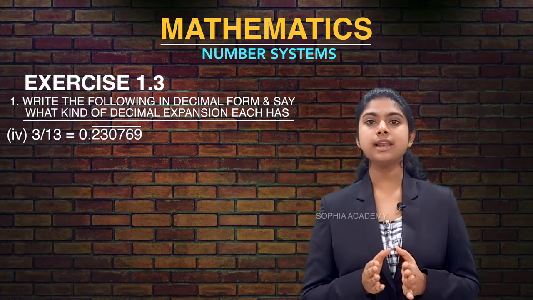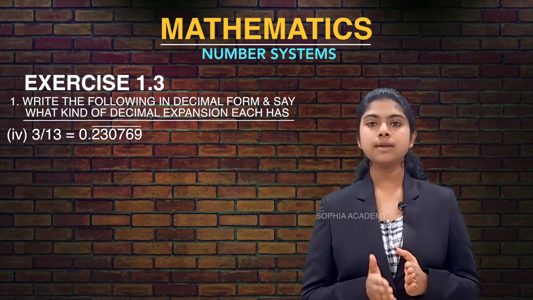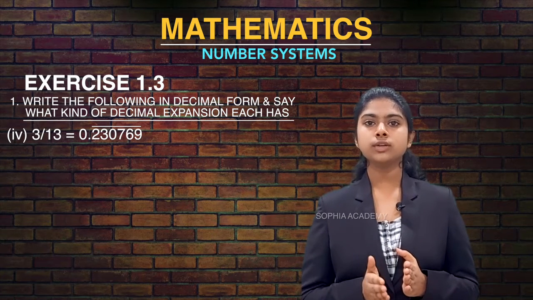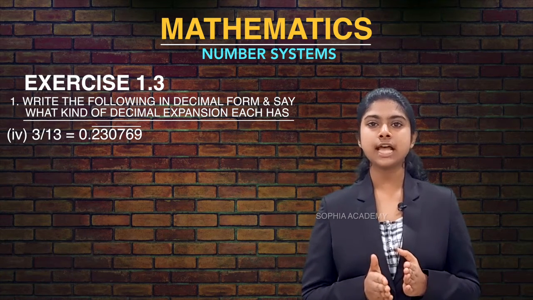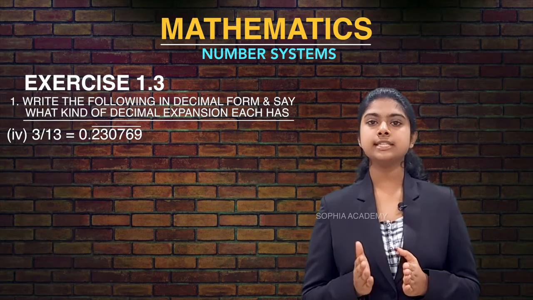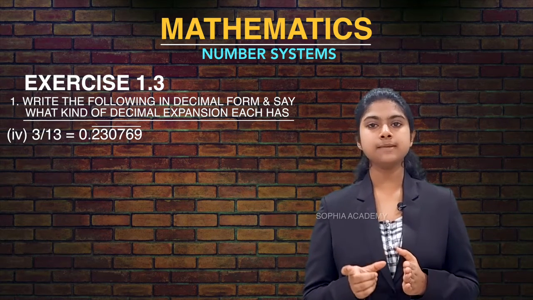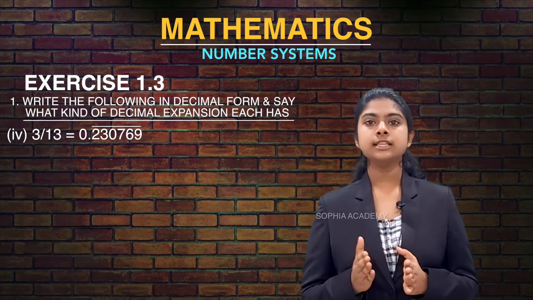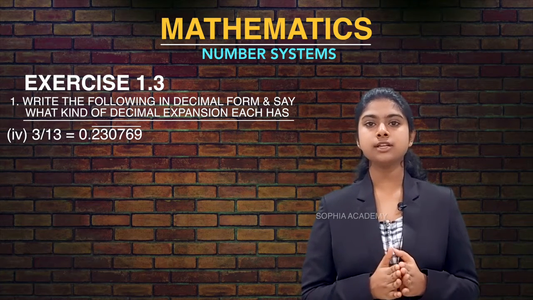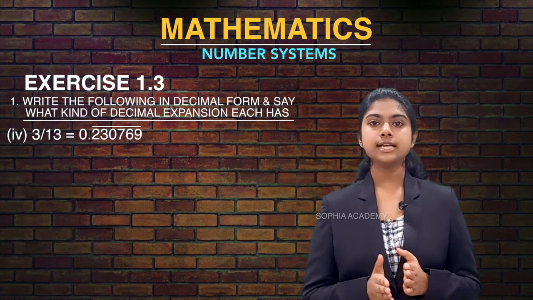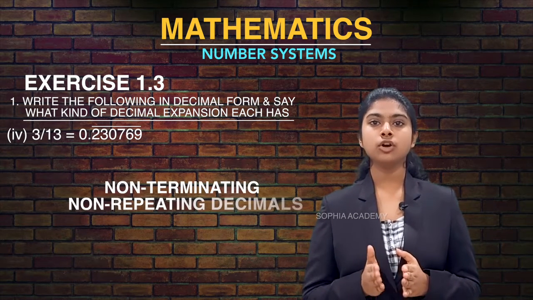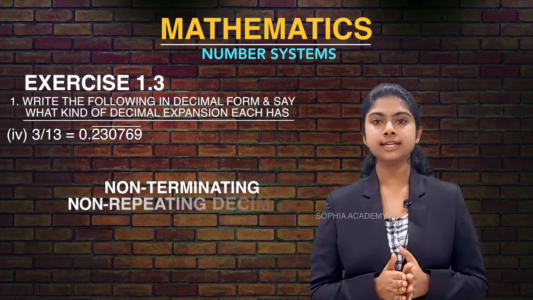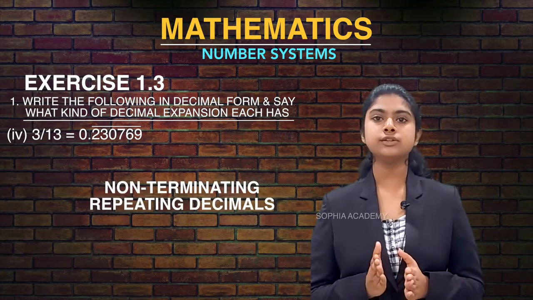That is, the decimal expansion of 3 by 13 can be written as 0.230769 with the whole bar. Thus, the decimal expansion of 3 by 13 is non-terminating, repeating.